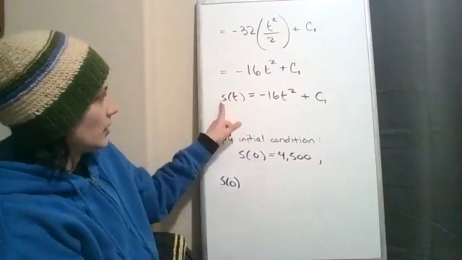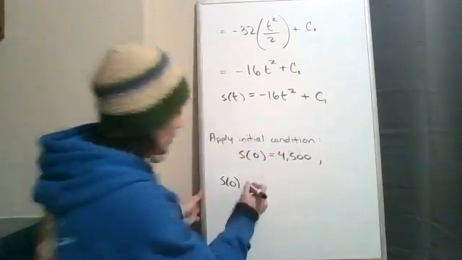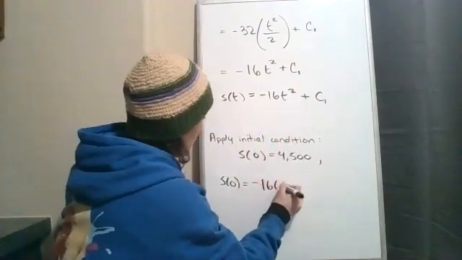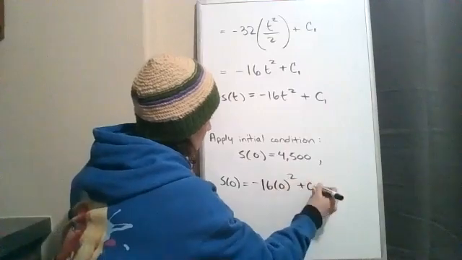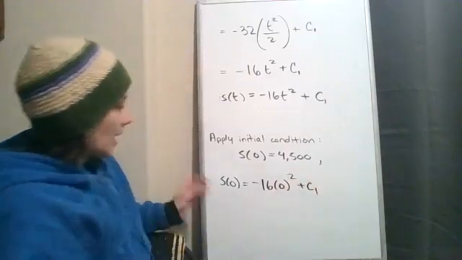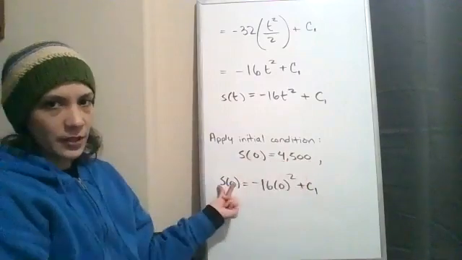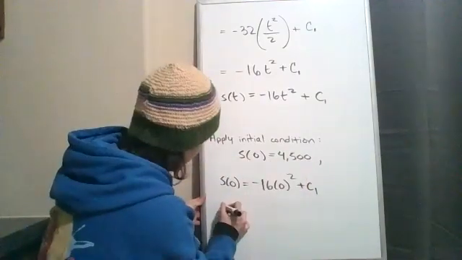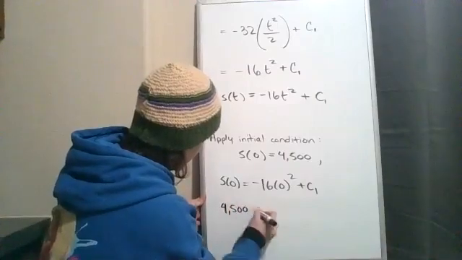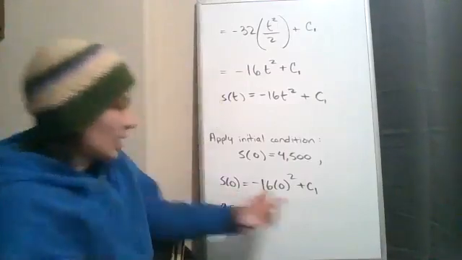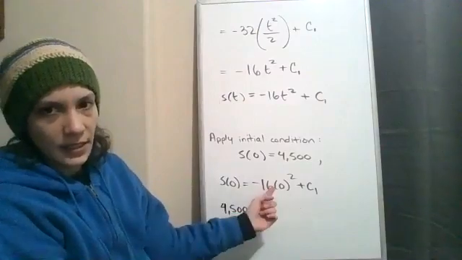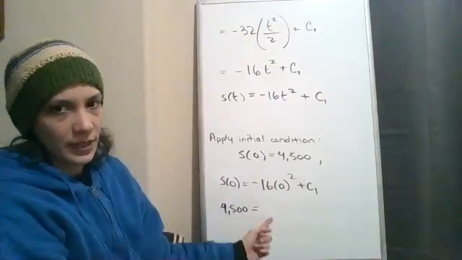We'll put 0 into the function, and then we'll put in the value for s of 0 as 4,500 right here. And we're going to simplify this side. 0 squared is 0, times some number is still 0.